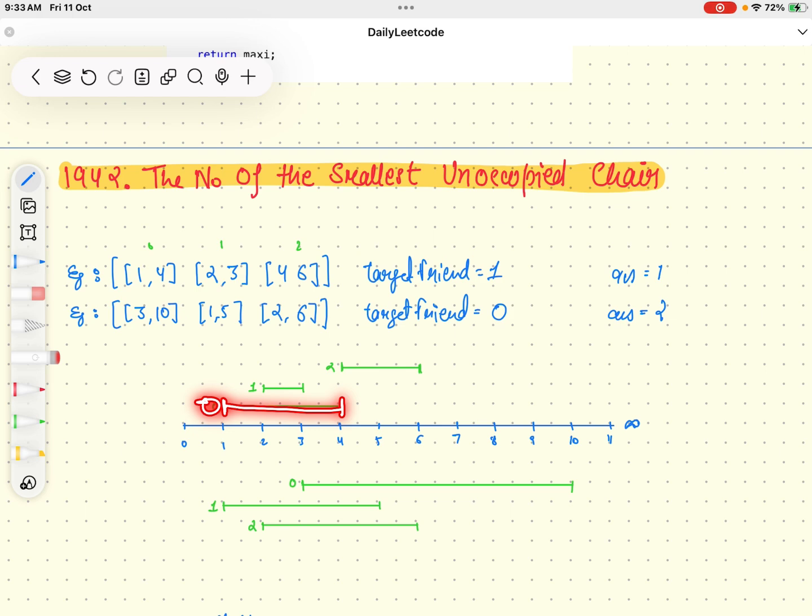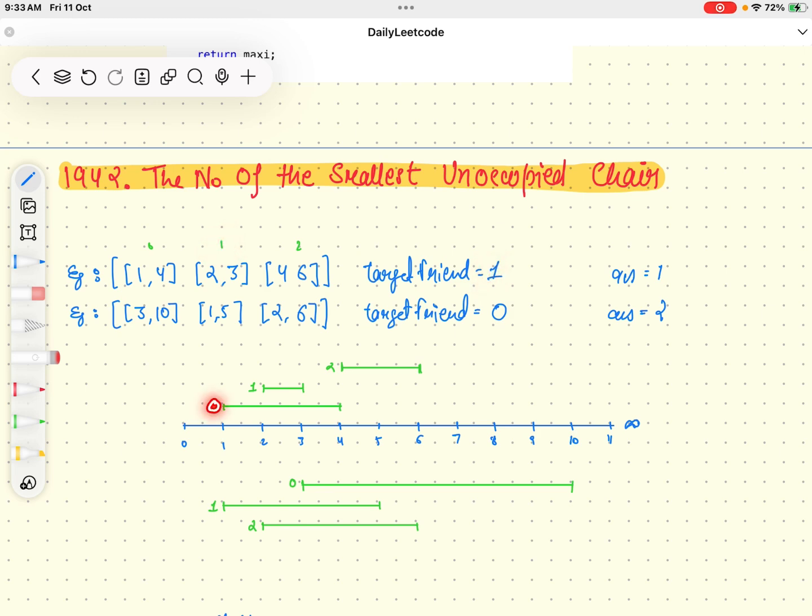Then my number 1 friend will arrive at 2 and leave at 3. Then we have the number 2 friend, who will arrive at 4 and leave at 6. My target friend is number 1, and I have to tell on which seat number he would be sitting.